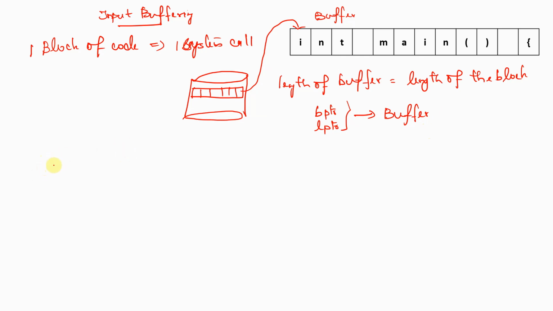This reduces the number of system calls and also speeds up reading characters from the buffer. There are two types of input buffering scheme: one is called the one buffer scheme and the next one is called the two buffer scheme. Now we will see how they work.